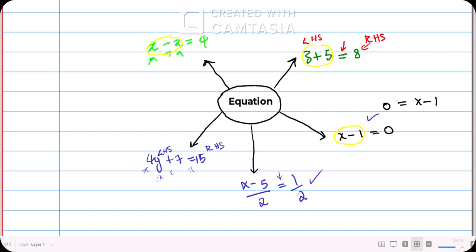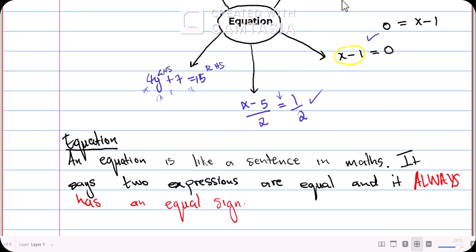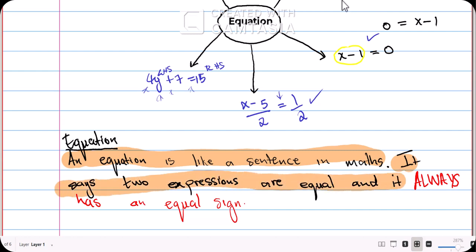So it makes this whole thing an equation. An equation is like a sentence in maths. Bear in mind, it says two expressions are equal and it always has an equal sign.